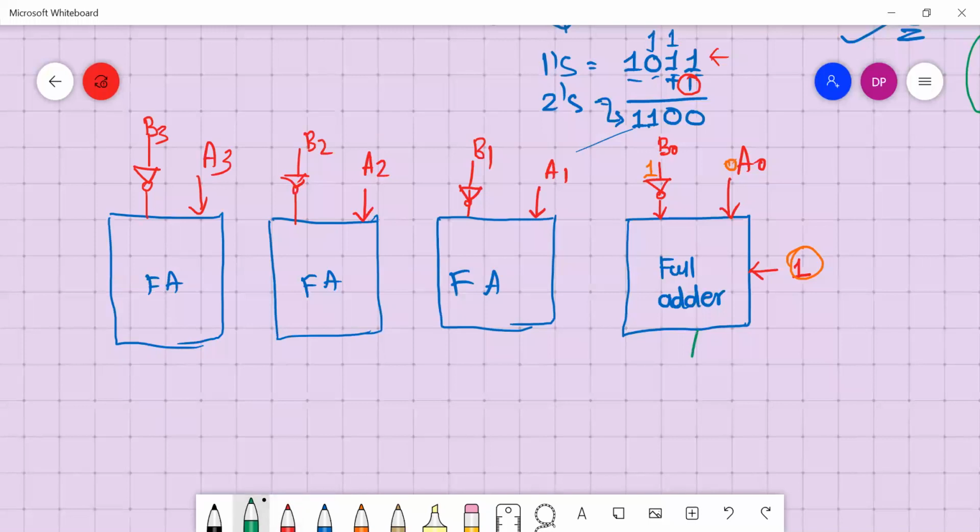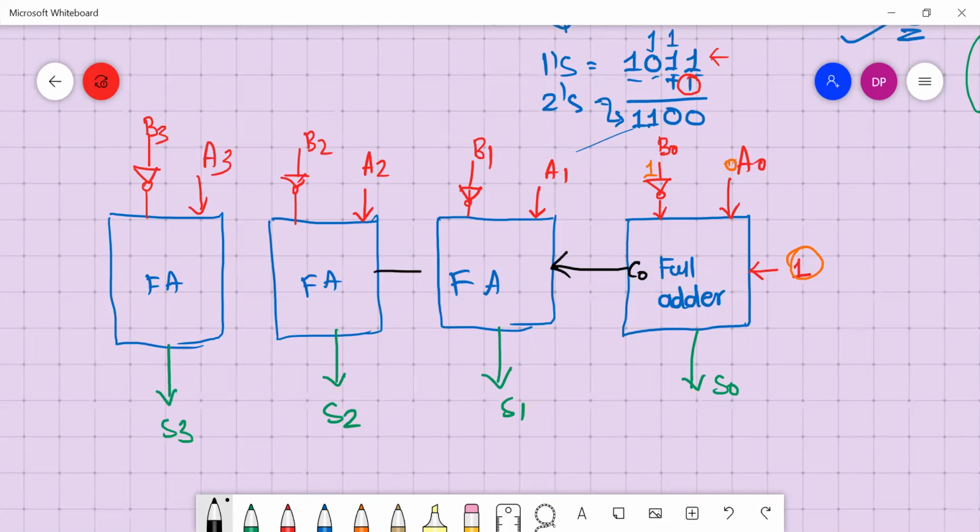So all full adders will produce a sum, isn't it? Sum 0, sum 1, sum 2, sum 3. And all are going to produce a carry also, isn't it? This is carry 0, carry 1, carry 2, and this is carry 3. I write it as C out. So it will be discarded in the result.